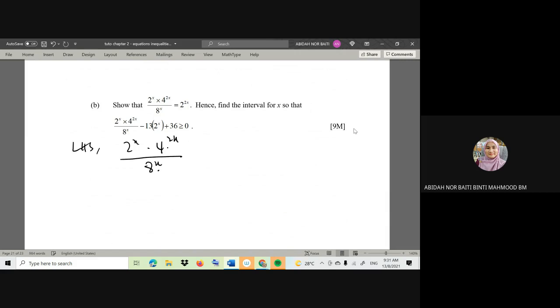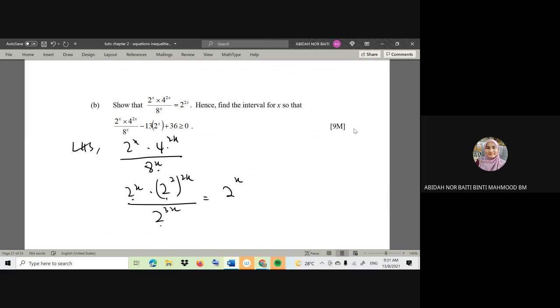So 2, 4 and 8 we change to the simplest base 2. 4 is 2 squared, so dia ada 2x kat luar tu. 8 is 2 cubed, power x. Okay, semua base yang sama, then we can apply rules of indices.